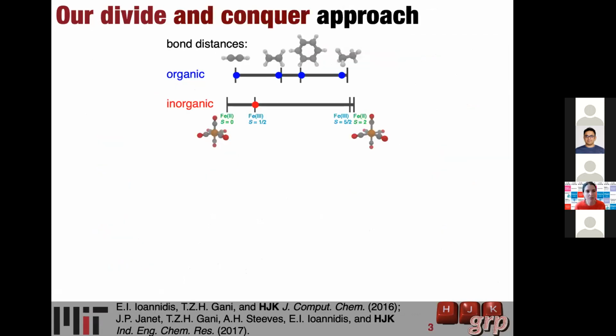So not daunted by this, we took a divide and conquer approach, recognizing that a lot of a transition metal complex is organic in nature. And we first started out on this about 5-6 years ago. But what we wanted to do was take what really worked really well in organic chemistry and bridge it with what was going to fail for open shell transition metal chemistry. And this was motivated by the observation that force fields work really well for organic bits.